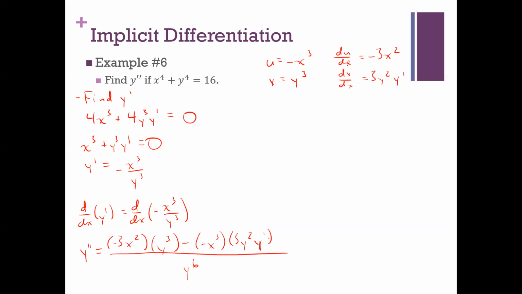One little problem before I finish up here. I have y double prime, which is in terms of x and y, which is fine, but it's also in terms of y prime, and I would like not to define my second derivative using my first derivative. So what can I do about that? Thomas? Yep. I know what y prime is. That was the first thing I did.